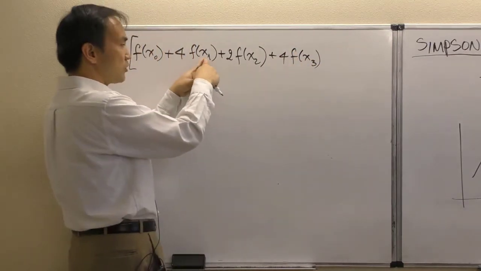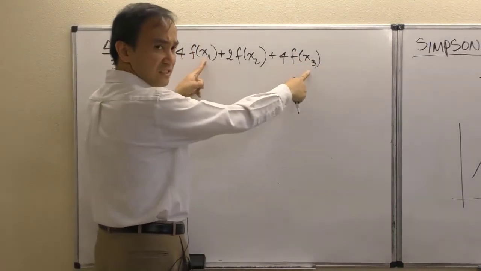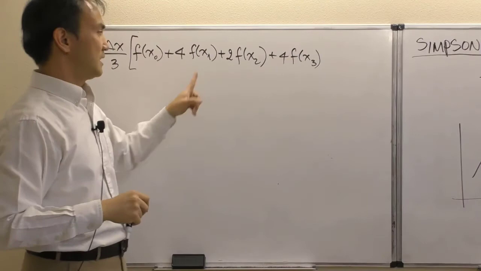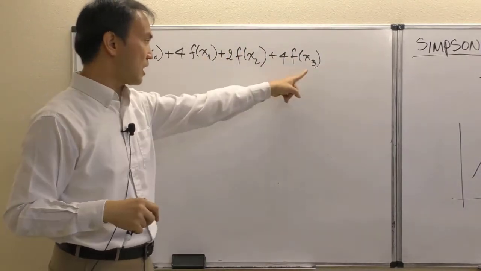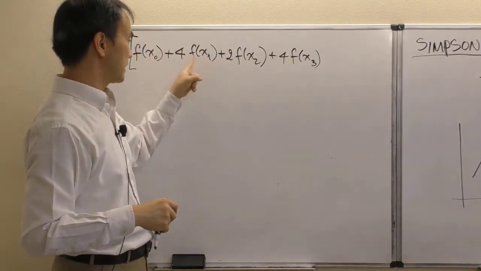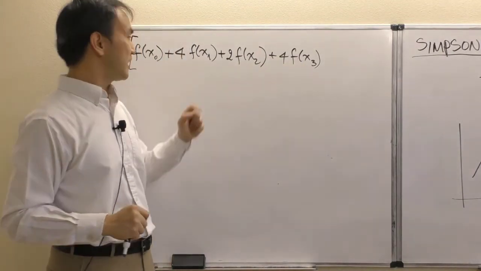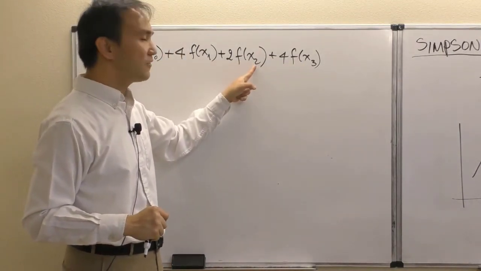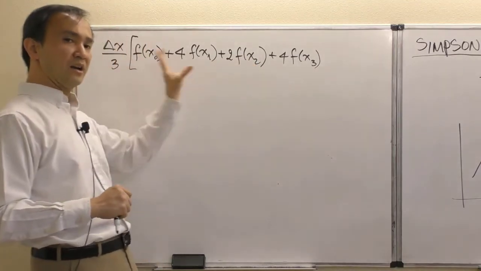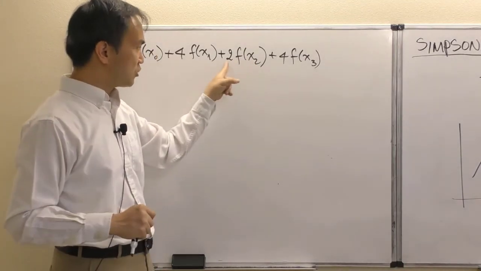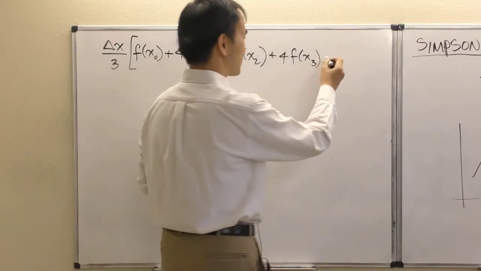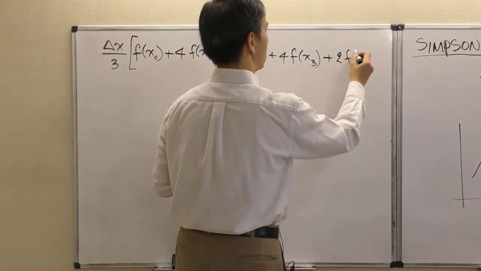All of those odd indices, other than the last one, get coefficient 4. That's another way of seeing it. And all of those even indices, other than the first one and the last one, are all coefficient 2. So plus 2 times f of x4.